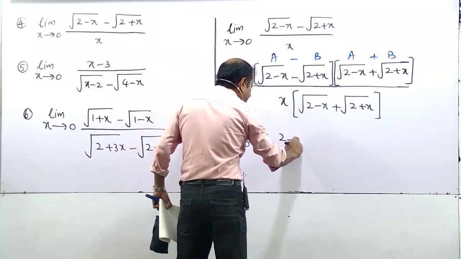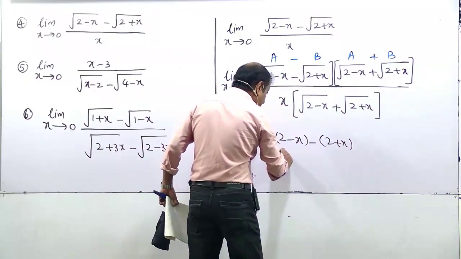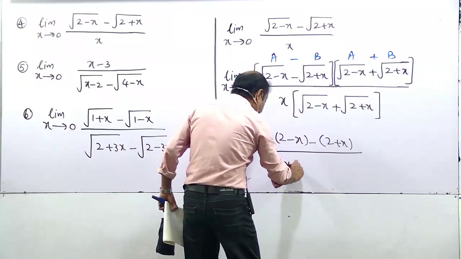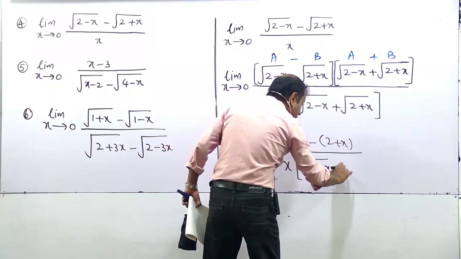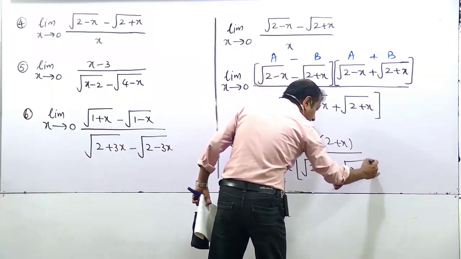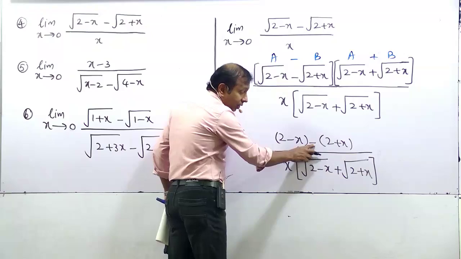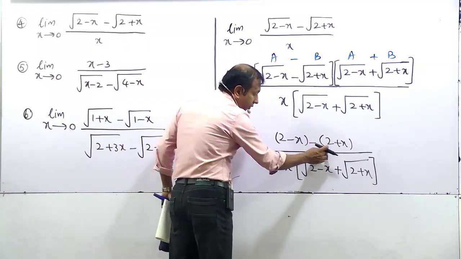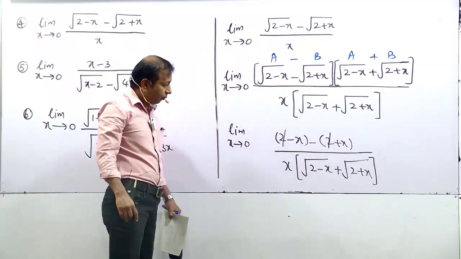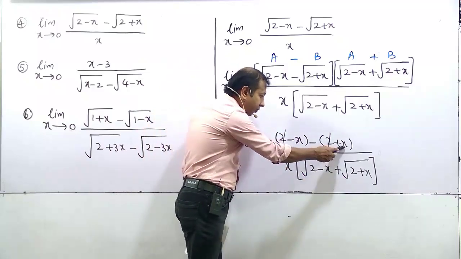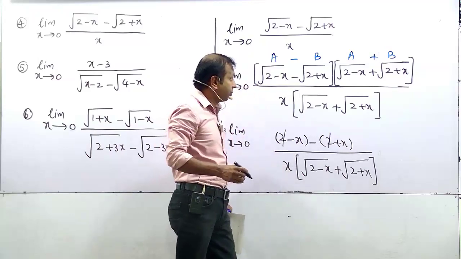You get 2 minus x, minus 2 plus x, over x times root 2 minus x plus root 2 plus x. Okay. Now this numerator, once you remove the bracket, here we get minus 2, and this plus 2 you can cancel out like this. Here we get what? Minus x. Here we have minus x. Minus x minus x is minus 2x. Correct, no?